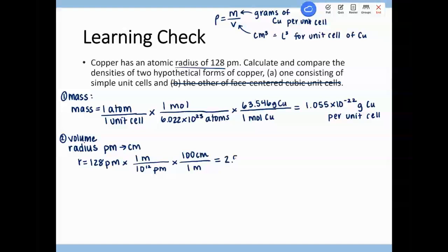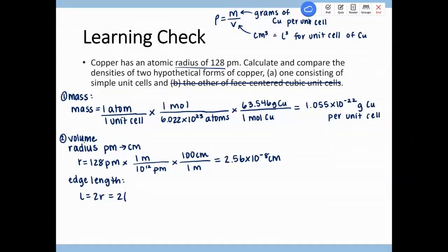This is 1.28 times 10 to the negative 8 centimeters. The edge length for a simple cubic cell is 2r.